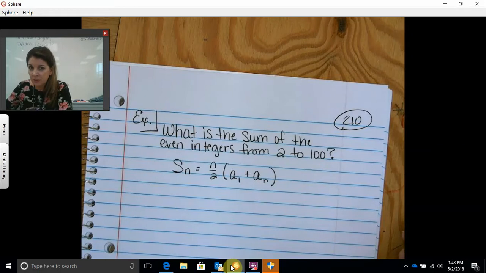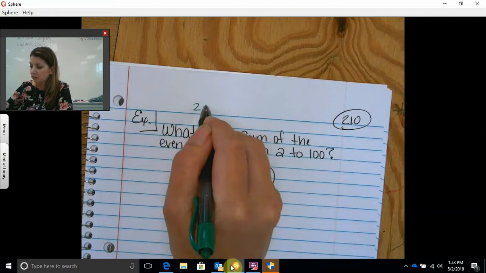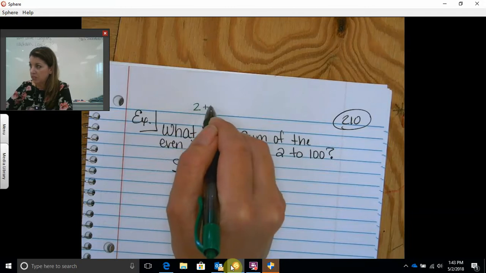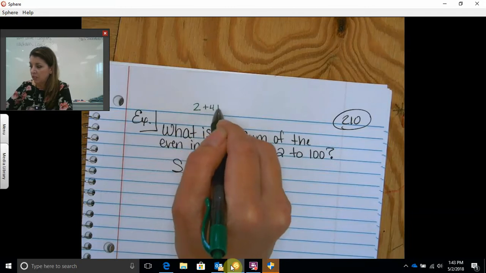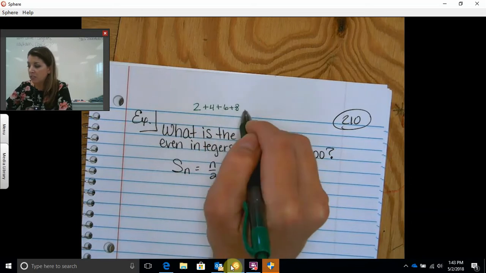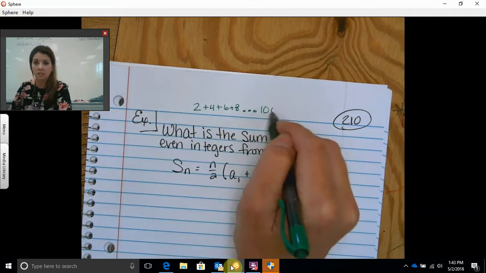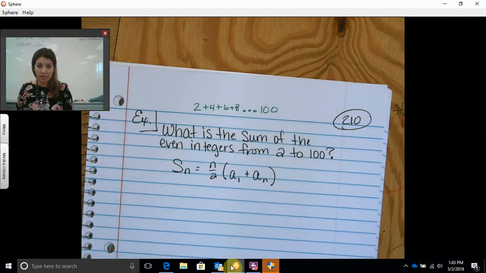Okay, so they didn't write the numbers out for you, did they? So think about it. It starts with 2, even integers. So that would be 2 plus 4 plus 6 plus 8, all the way to what? 100, right? So they didn't write that for us. We had to think about it.